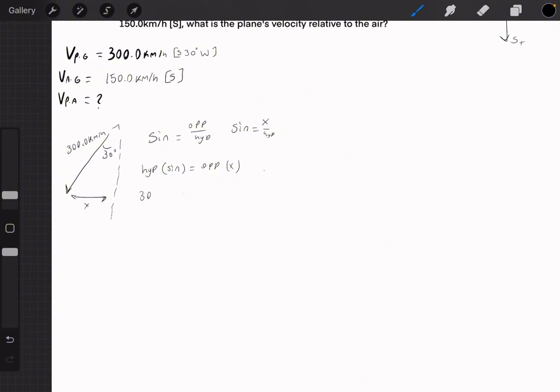So 300.0 kilometers per hour times sine of 30 degrees equals, let me put that into my calculator. That's going to give us exactly 150 kilometers an hour. Perfect.